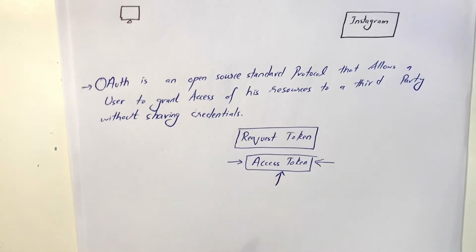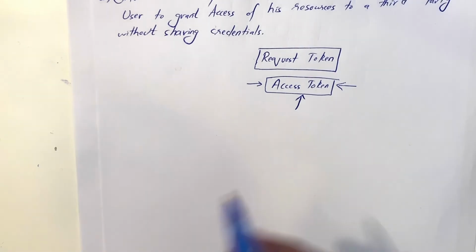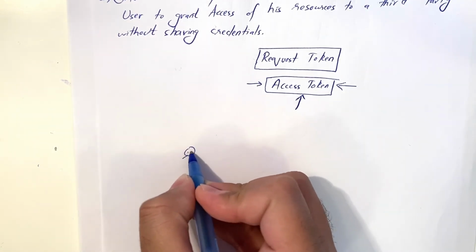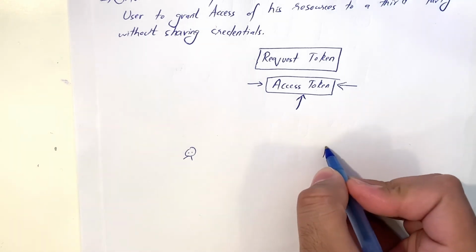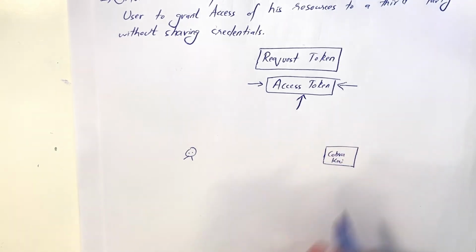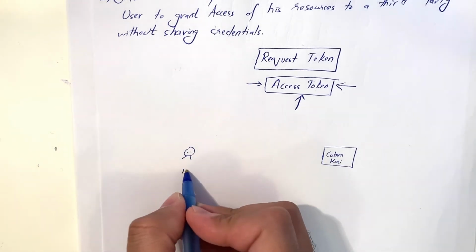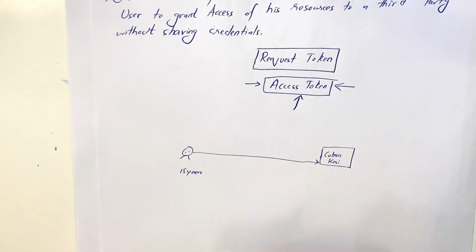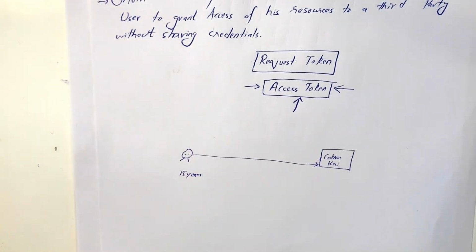To understand OAuth, let me give you an idea. Let's say this is you, and you want to enroll for Cobra Kai, the karate. You are, for example, 15 years old. You reach out to Cobra Kai and ask, can I learn karate?